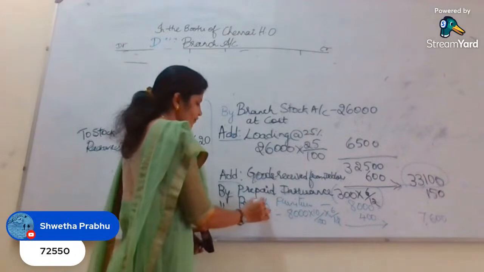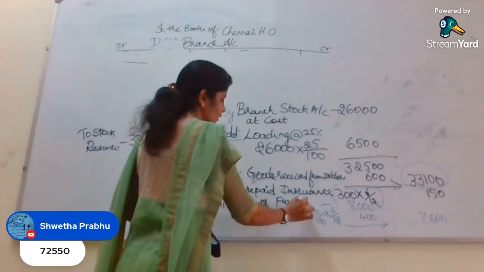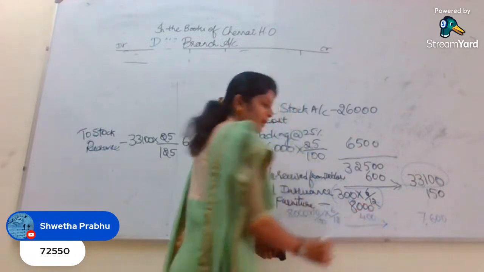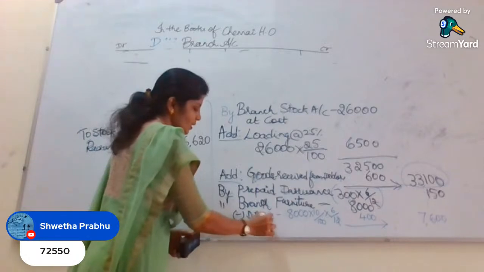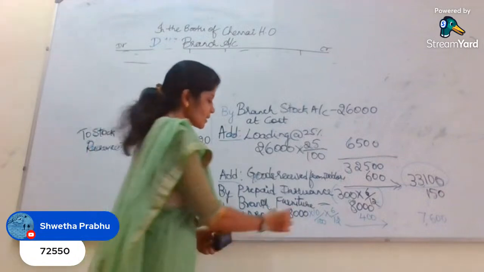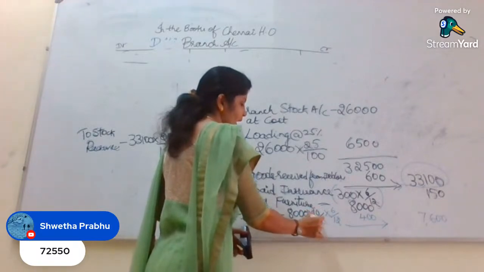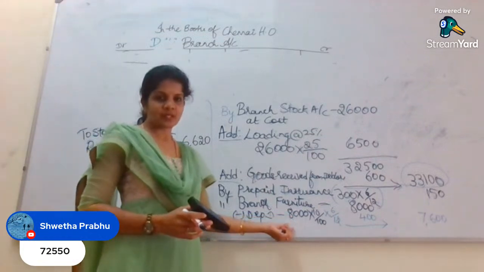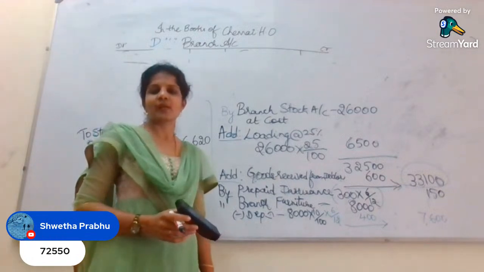The next closing asset is branch furniture. There is an adjustment for this branch furniture also. The amount of 8,000 rupees is subject to depreciation. What is the percentage of depreciation? Depreciation is 10%. The amount of furniture is 8,000, so 800 rupees of depreciation we would charge, but not completely, because the asset is used only for a period of 6 months.